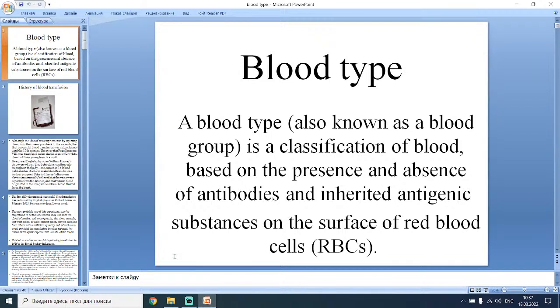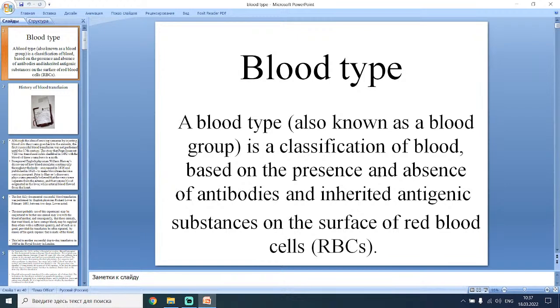But for a very long time hemotransfusion had problems, and only at the beginning of the 20th century could we use blood for hemotransfusion. Now I will tell you about the history of blood types and blood hemotransfusion.